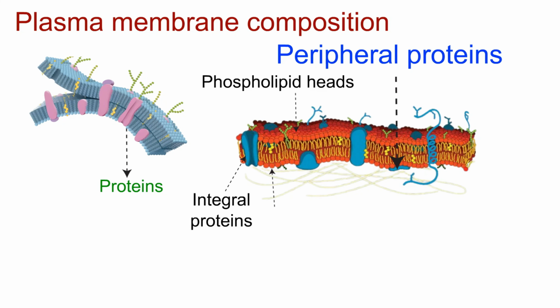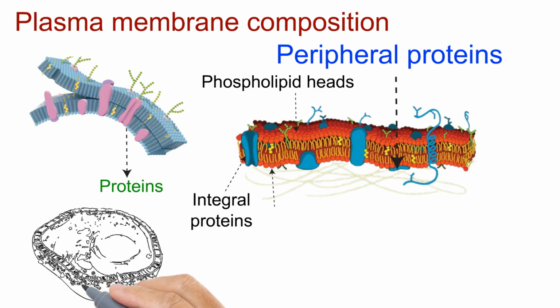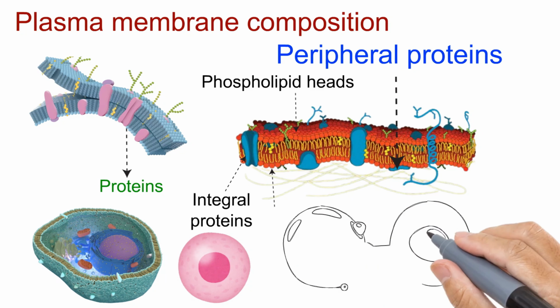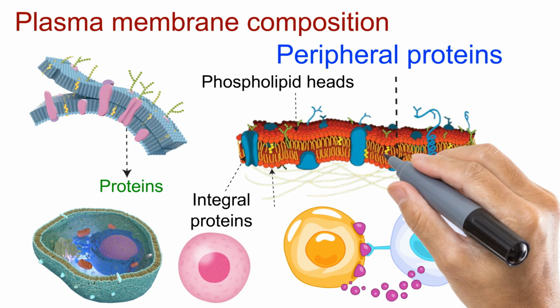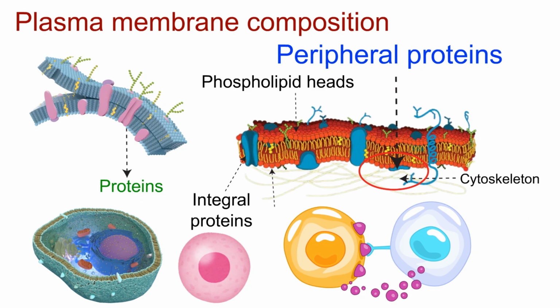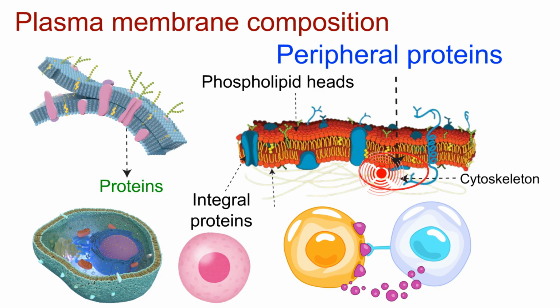Functionally, peripheral proteins play supporting roles. They help stabilize the membrane, maintain the cell's shape, and assist in cell signaling and enzymatic activities. For example, some peripheral proteins anchor the membrane to the cytoskeleton, giving structural support, while others participate in signal transduction by transferring messages inside the cell.